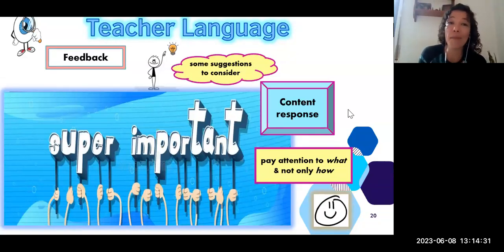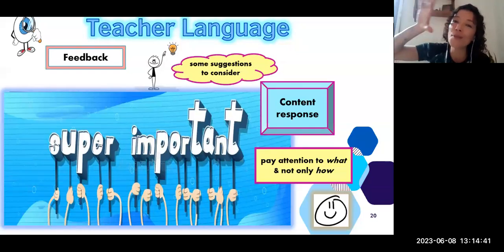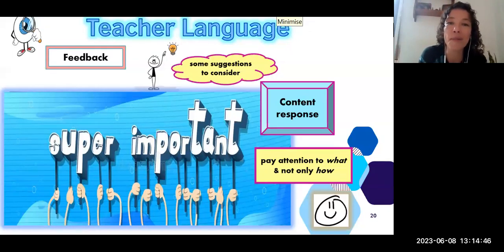Exactly, what's in their mind. Absolutely, I agree. And sometimes try to focus less on the wrong tense, but more on, you've actually said something really interesting. I can still use my language for correction, but I can also really focus on what they've said and show lots of appreciation for that.